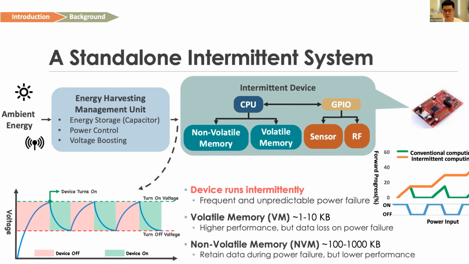The volatile memory, denoted as VM, provides higher performance, but data will be lost during power failures. The non-volatile memory, denoted as NVM, retains the data during power failure, but usually has lower performance than VM. Also, different sensors and connectivity modules such as RF are used for sensing and communication between nodes.